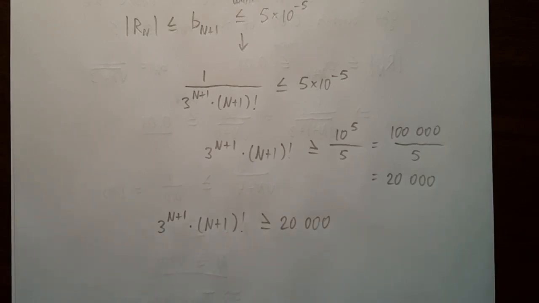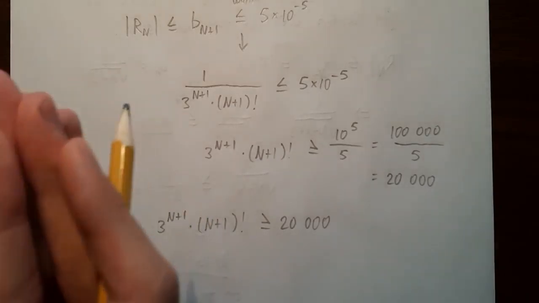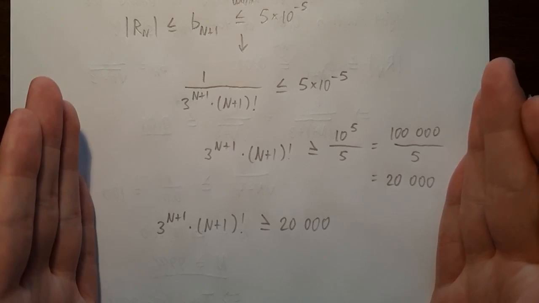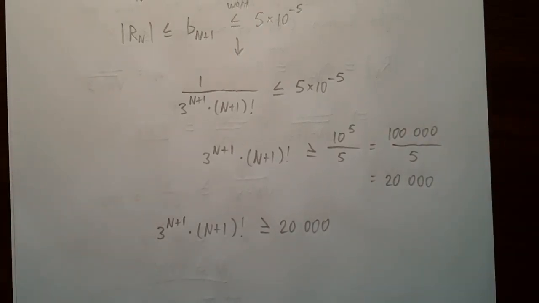As far as exponentials and factorials are concerned, 20,000 is a laughably small number. So we should be able to test a few values and see the first value of n that gets us above 20,000. Because the n's are integers, at some point we have to be below 20,000, and then the next integer over crosses the boundary to over 20,000, and after that, we're good. That's all we need.